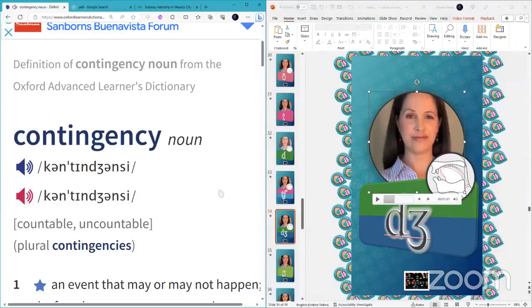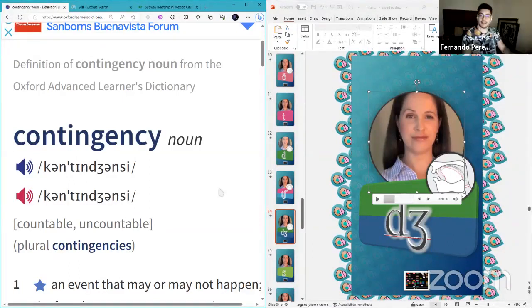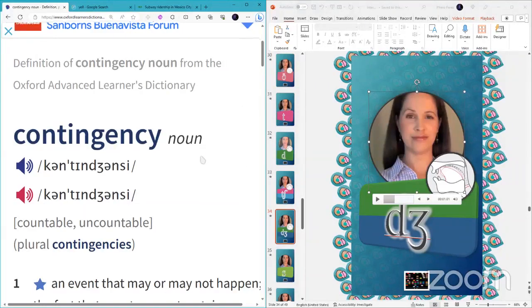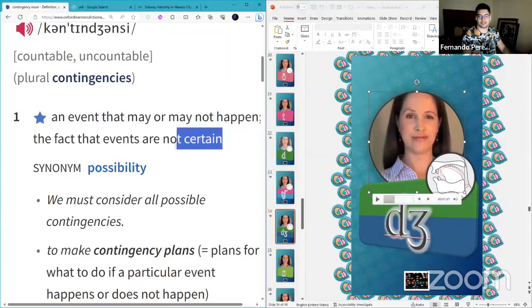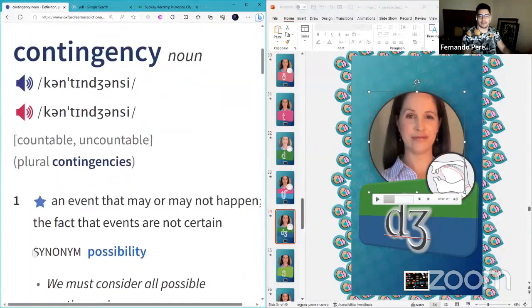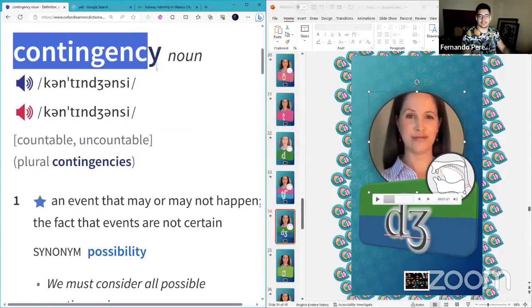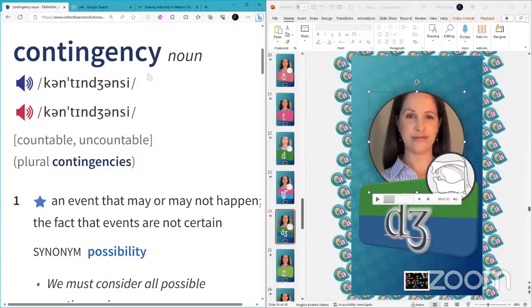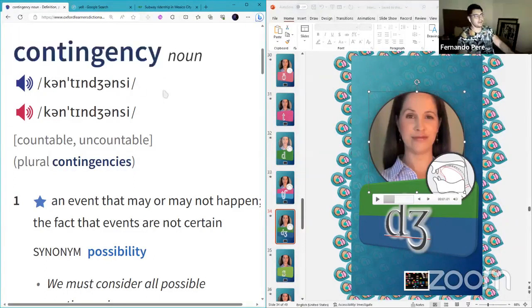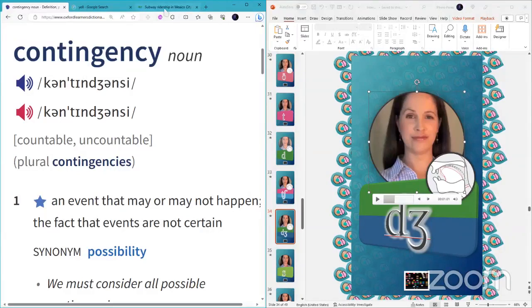Perfect. Contingency means an event that may or may not happen, something we are not sure about. A synonym: possibility. Take a note for your production, girls. Remember that we are using synonyms to expand our speech. Okay, let's continue.